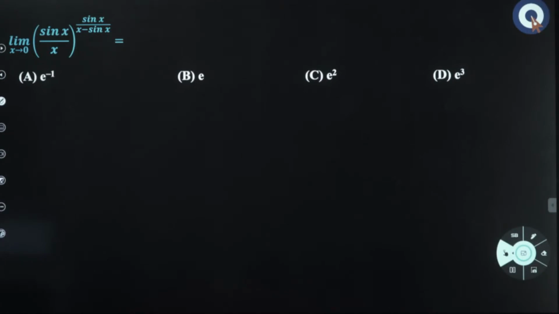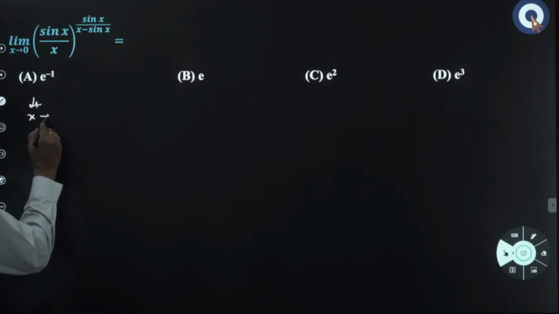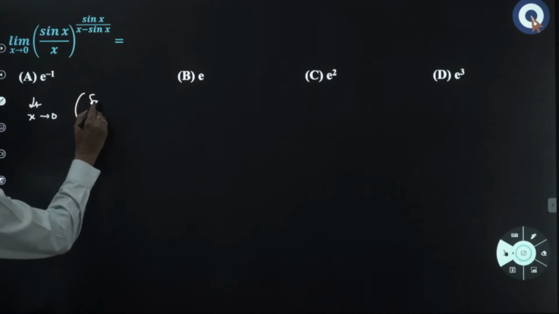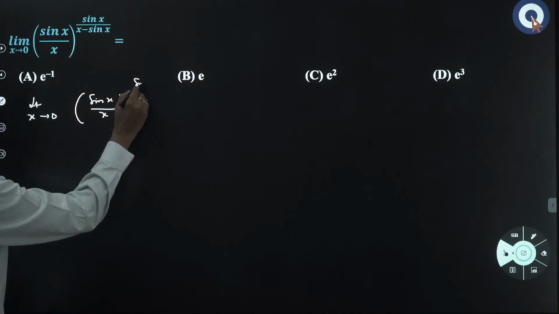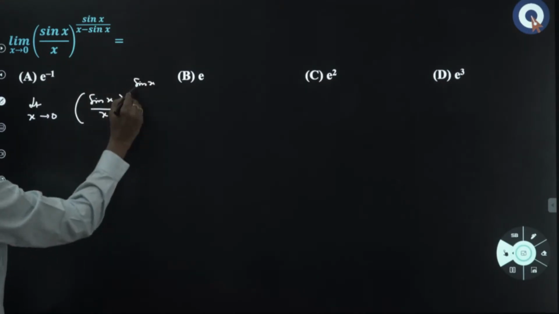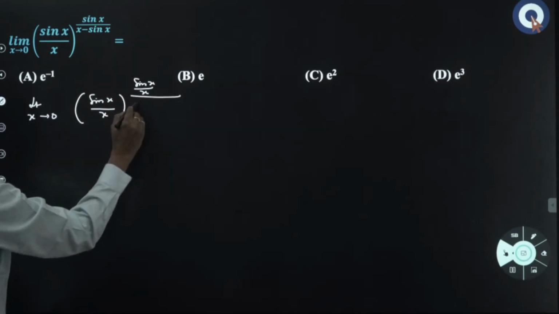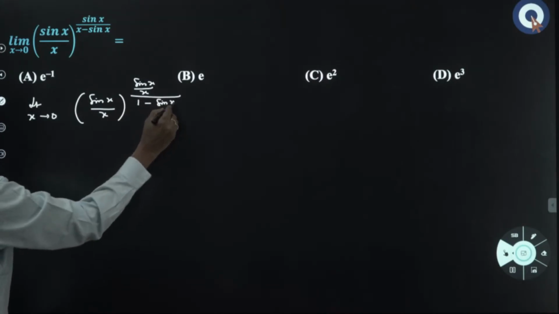So here what we will do, we will write this as the limit as x tends to 0 of (sin x / x) by, we will just divide the numerator and denominator by x, (1 − sin x / x).